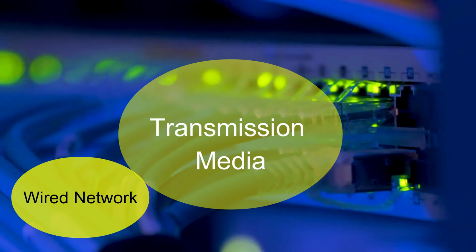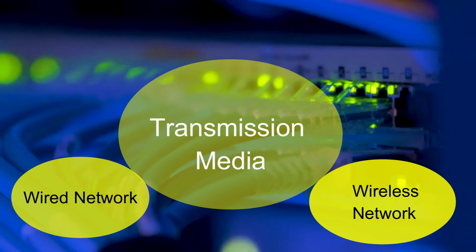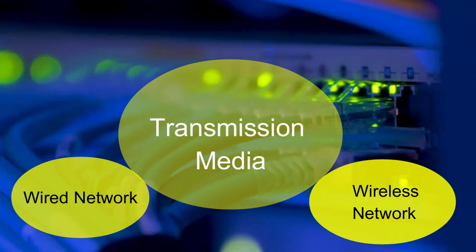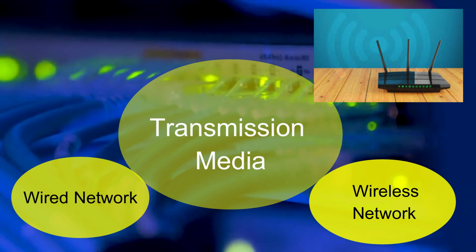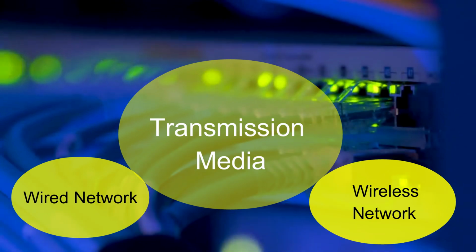These are called wired networks. In other cases, the networks are connected wirelessly. In this case, the transmission media is satellite, microwave or Wi-Fi. Wi-Fi stands for wireless fidelity. Such networks are called wireless networks.